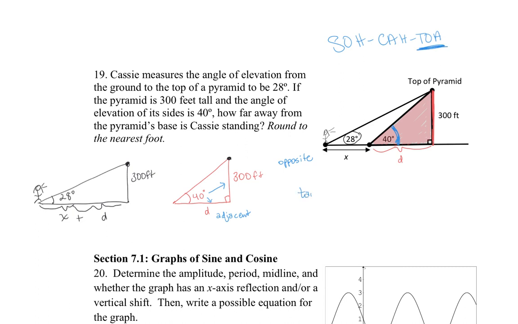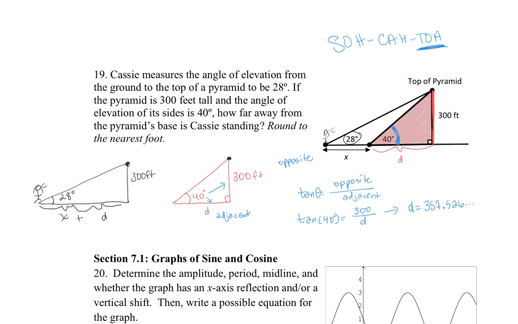So tan of our angle is equal to opposite over adjacent, or tan of 40 degrees is equal to 300 over D. From some simple calculations, we find that D is equal to 357.526... And again, do not round until the very end.